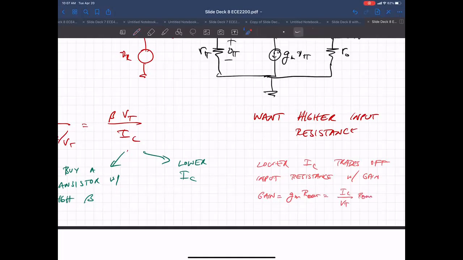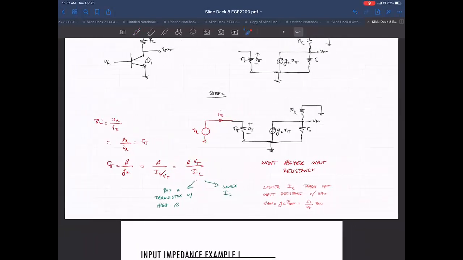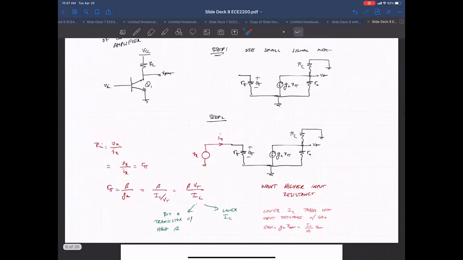You raise your input resistance when you lower I sub C, but you're also reducing your gain. So for each case, you have to make a trade-off in your design to figure out which gives you the bigger bang for your buck. It usually depends on the source resistance and the load resistance.